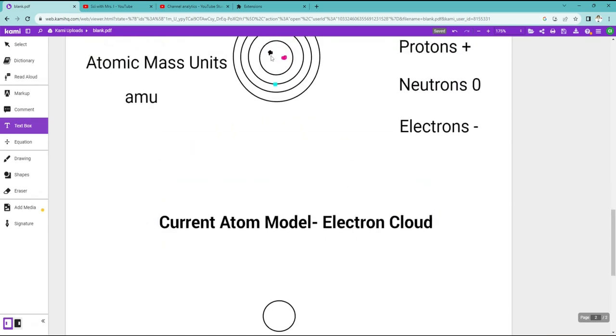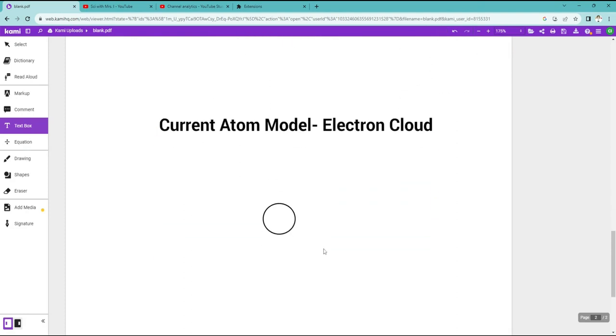You're still going to have your protons and your neutrons in the nucleus. However, we found out that electrons don't stay in those particular energy shells. In fact, they exist in what we call the cloud, hence the term electron cloud model. It looks something like this.